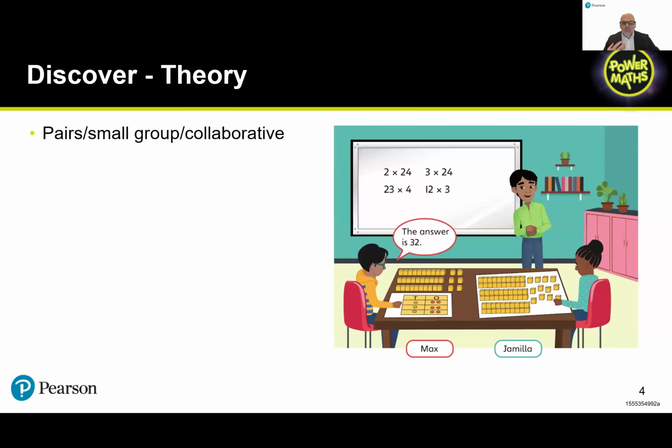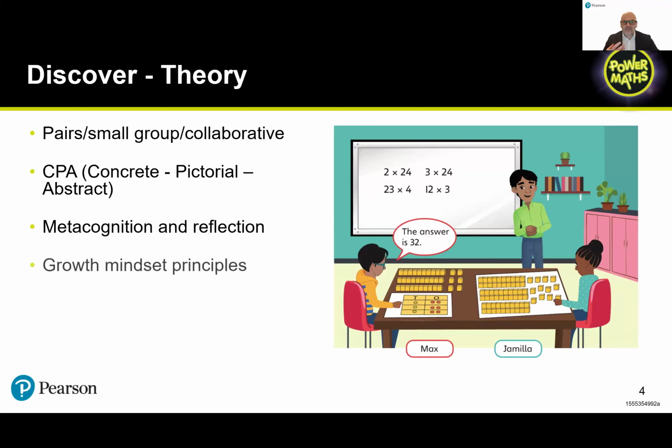Then what theory did we try to apply when you're bringing this to life in a classroom? Firstly, we anticipated that this would be a slightly collaborative effort, collaborative between children, so pair work, small group work, tables, etc., or collaborative with a teacher as well.